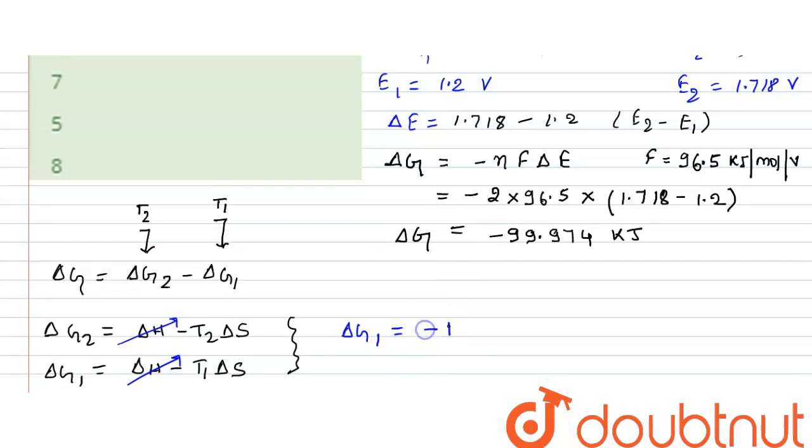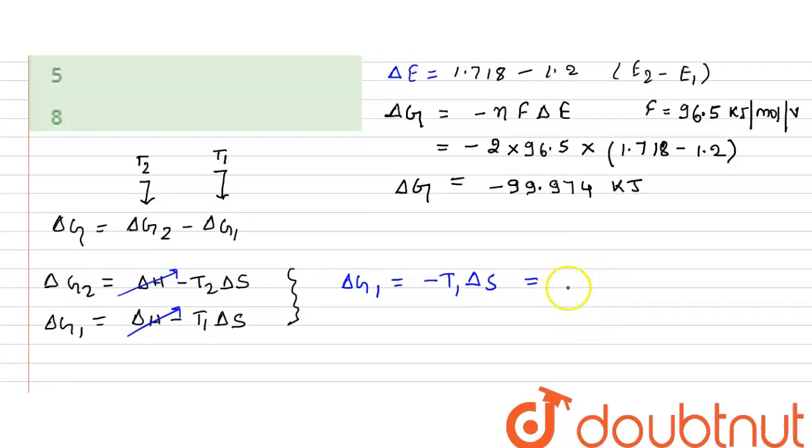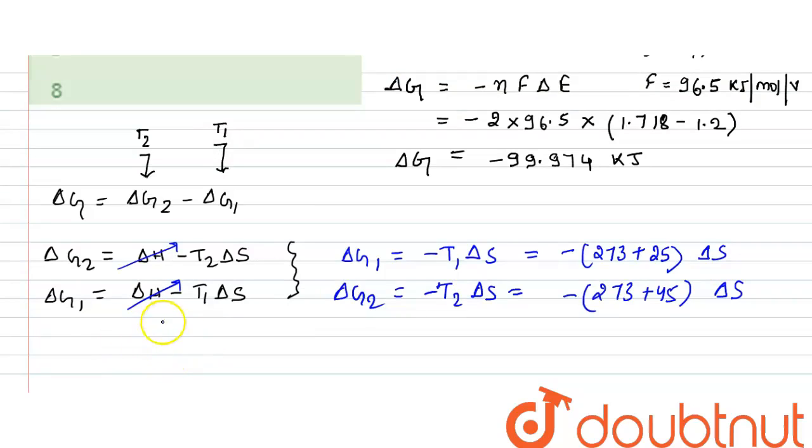So finally delta G1 will be minus T1 delta S, or you can write it as minus of, what is T1? T1 is 25, so minus of 273 plus 25 in Kelvin into delta S. And similarly delta G2 you can write as minus T2 delta S, so it will be minus of 273 plus 45 into delta S, because delta S will be the same in this constant temperature range.